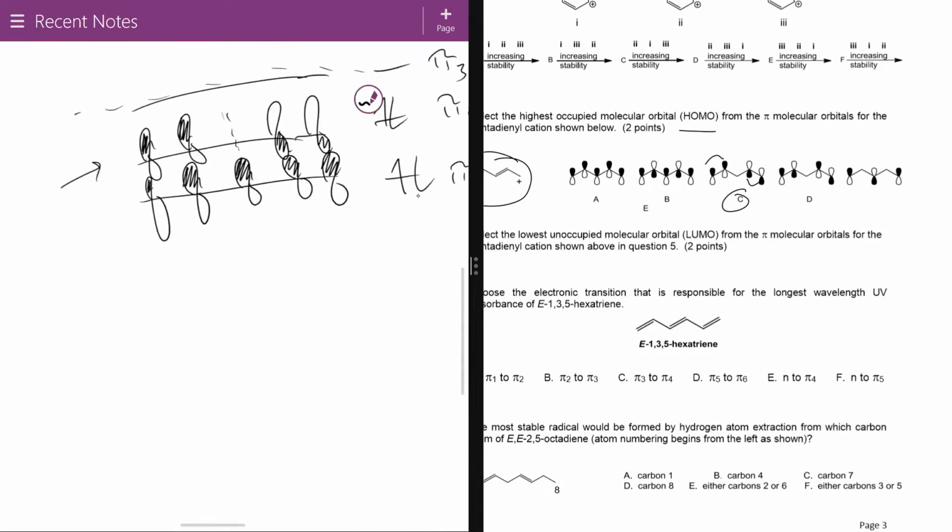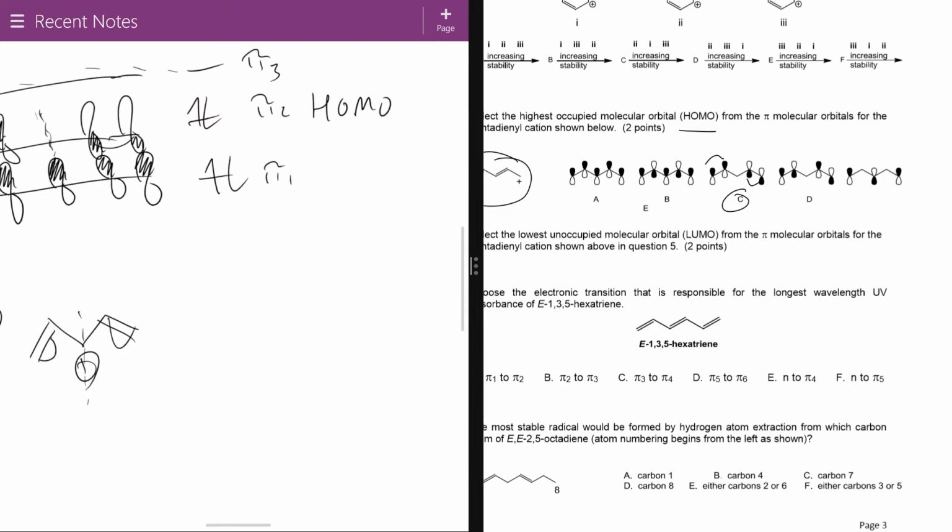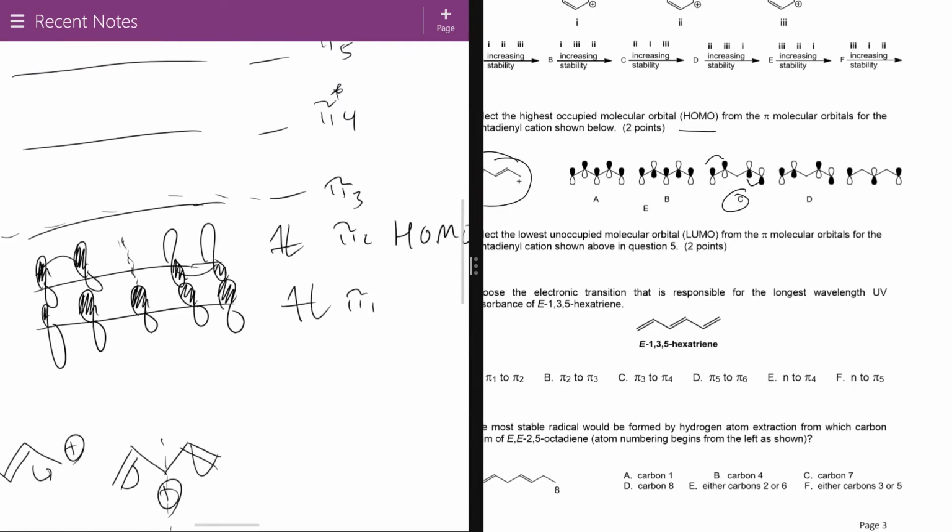However, if you draw the resonance structure, just like this, it starts to make sense. We have bonding here, a node here, no electron density, and then bonding here. So that makes sense. That represents our HOMO.